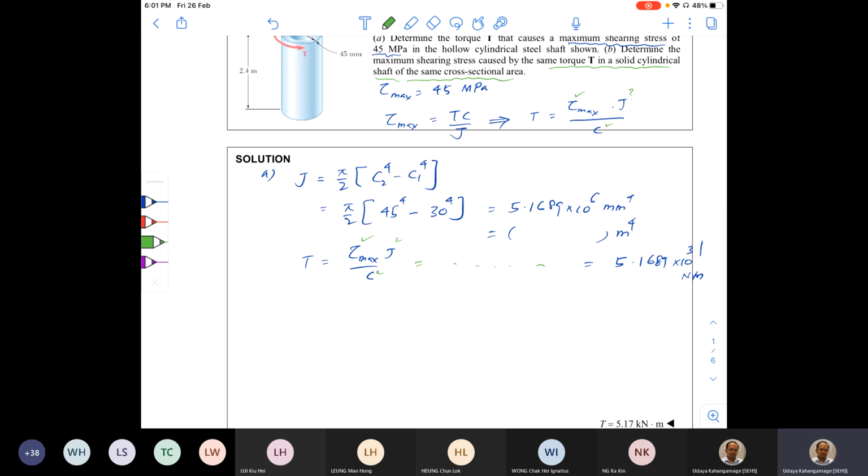That means we need to find out the details of that solid cylindrical shaft before we find the maximum shear stress. So for part B, what we need to find out is the cross-sectional area of the solid circular shaft, which is the same as the shaft given here.